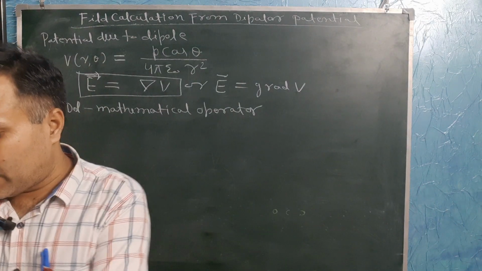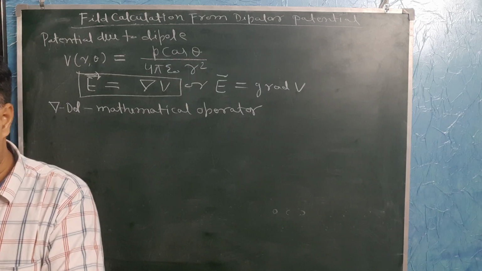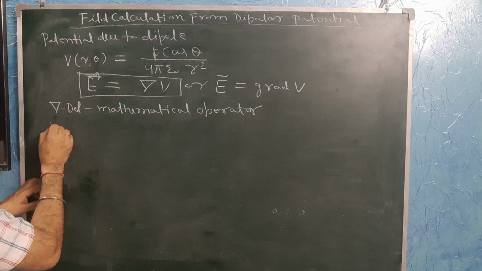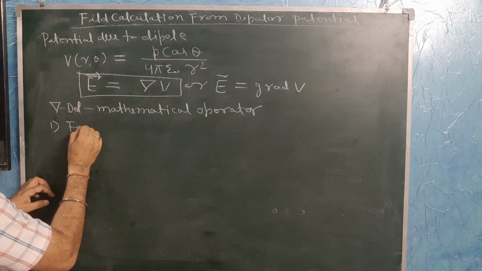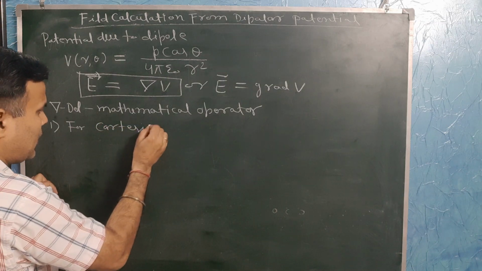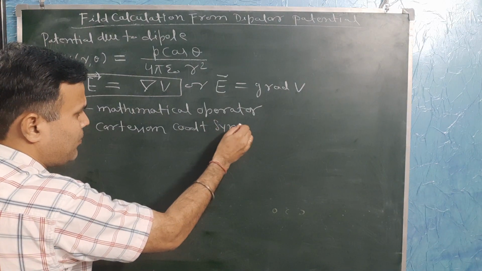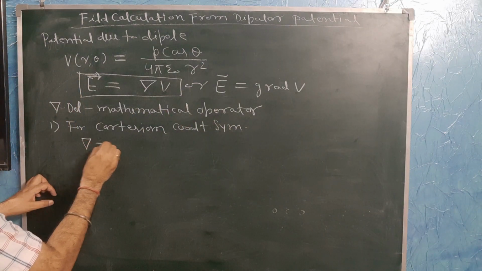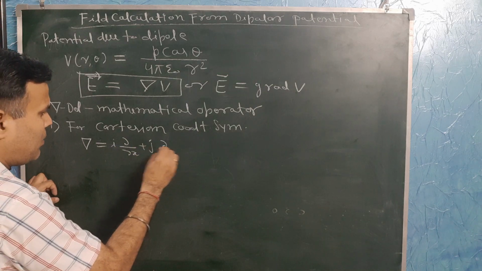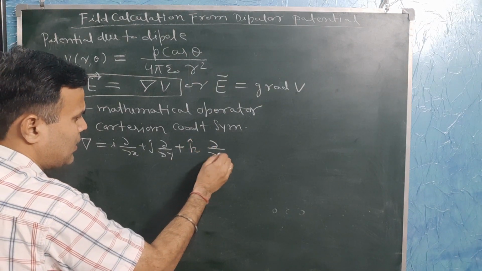So for example, for the Cartesian coordinate system, this del is simply i cap del by del x plus j cap del by del y plus k cap del by del z.